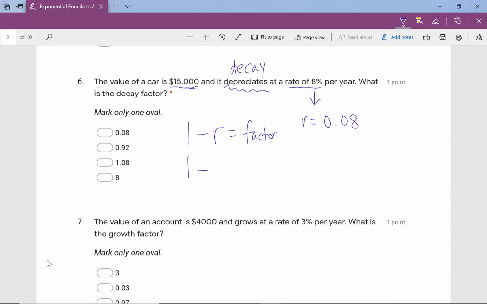So we're looking at 1 minus 0.08, which would be 0.92. So basically, the way you can think of this is if we're losing at a rate of 8%, that means each year the price of the car is only worth 92% of the previous year, or 0.92. That's what this is interpreting as.